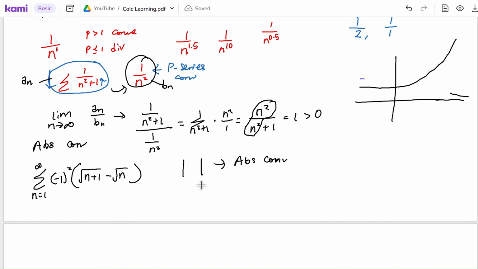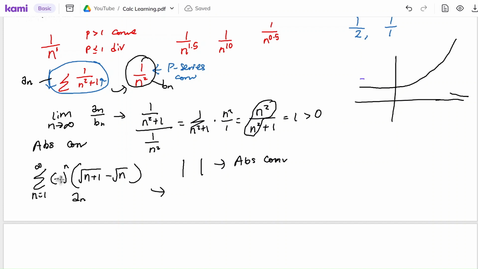But if it doesn't converge, then you move on to this whole thing. So this is known as a of n, and then the absolute value of this would be, just take out whatever is making it alternate, which is the -1 to the n in front of it, because that's the alternating thing.